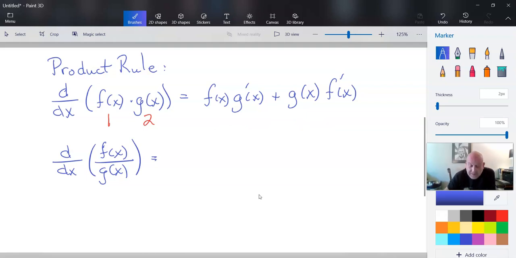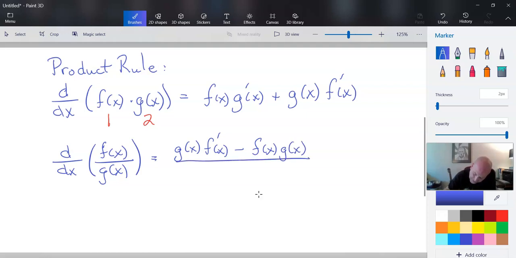It's going to look similar to the product rule for a moment, but it does look a little different. So that would be g times f prime minus f times g prime. So you notice the negative first, and it is over the square of whatever g of x is.